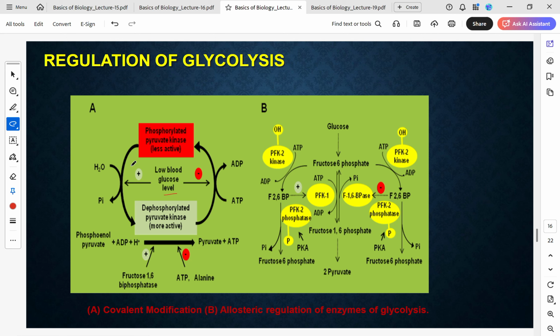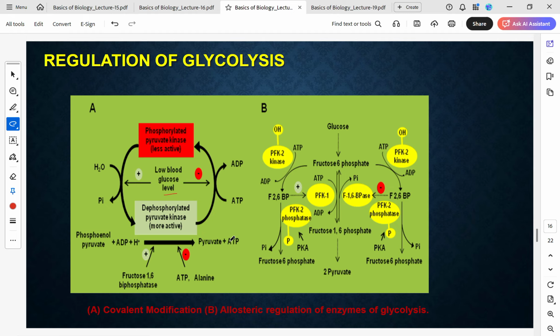Therefore the reaction will proceed at a slower pace. And this whole process can be enhanced by the presence of fructose 1,6-bisphosphate, whereas it is dampened by the presence of ATP or alanine.